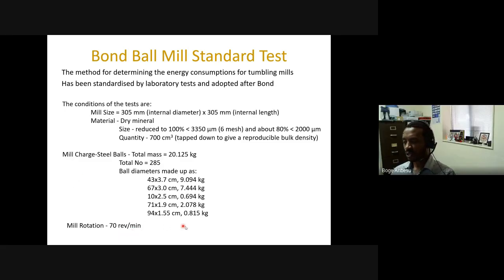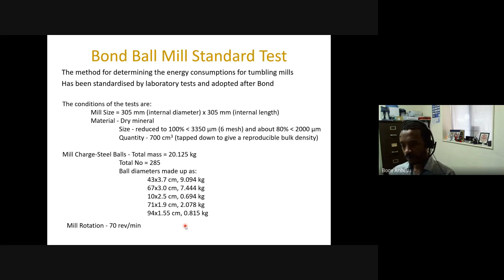Initially, you do 100 revolutions, then you stop, and remove the product, and then typically you would have a screen size at the end of that. So once I do grinding, I can then use a screen, say 180 micron.